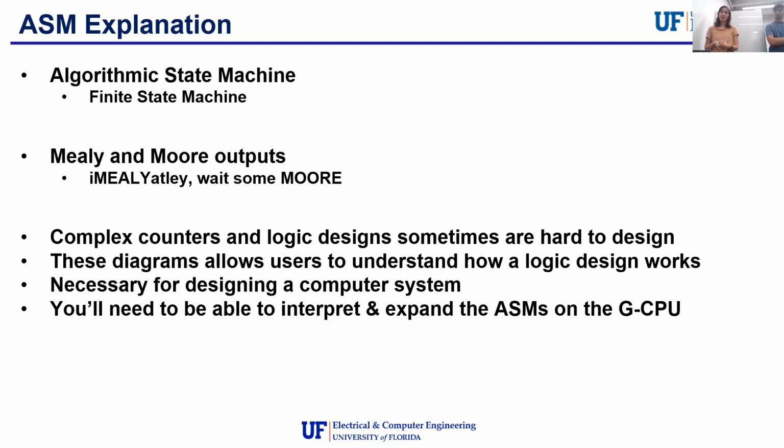I think you guys went over that today. So there's going to be a bunch of state machines inside the document that represents the entire design of the Gator CPU. So you're going to need to be able to interpret what the state machine is doing. It'll be for commands that are using the CPU. So what is this state machine doing and how do I expand upon it?